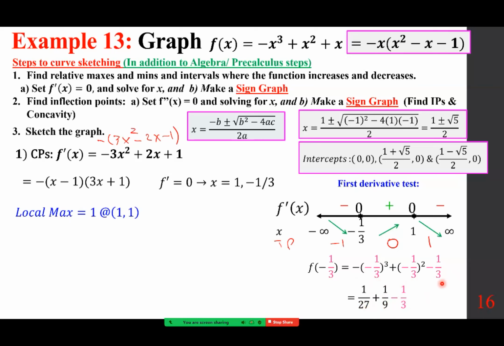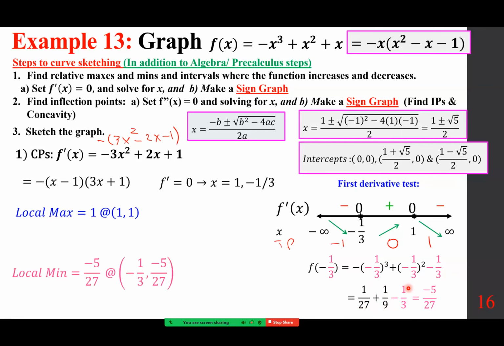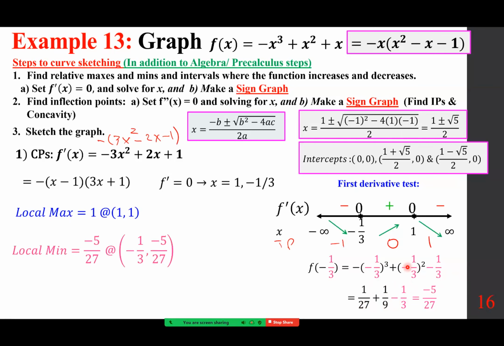So they add up to negative 5 because this is minus, okay? My apologies, this is 9/27. Okay, 9/27. So minus 9/27. And so we have negative 5/27. Therefore, we are going to write local minimum is negative 5/27 at the pair (negative 1/3, negative 5/27).